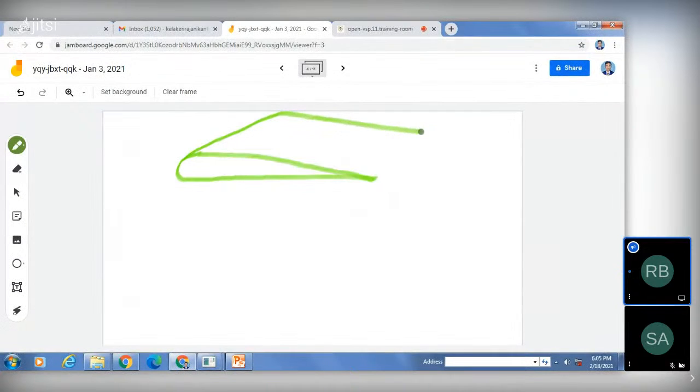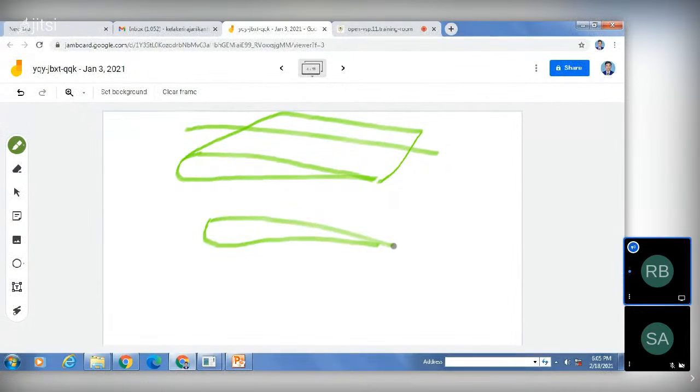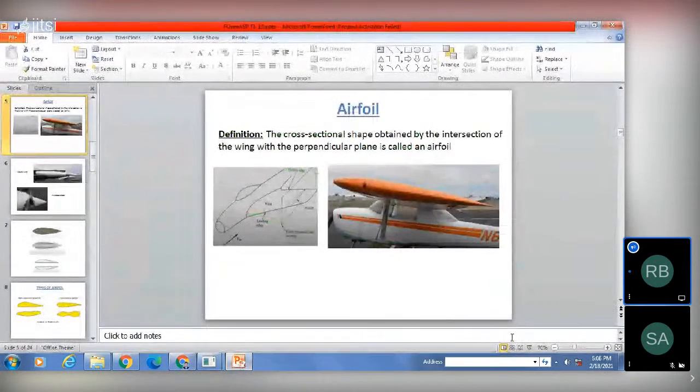If I cut this cross section like this, then I will get this kind of 2D shape, right? That is nothing but our aerofoil.